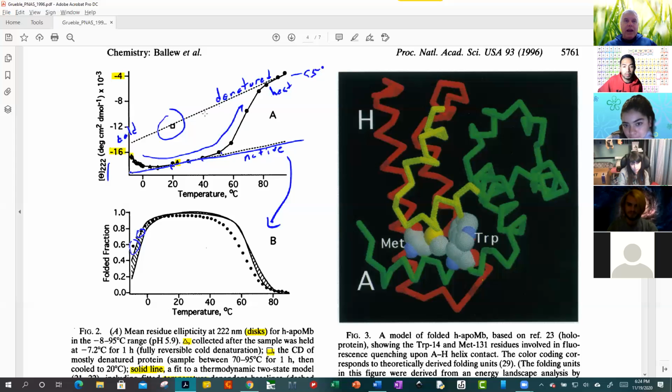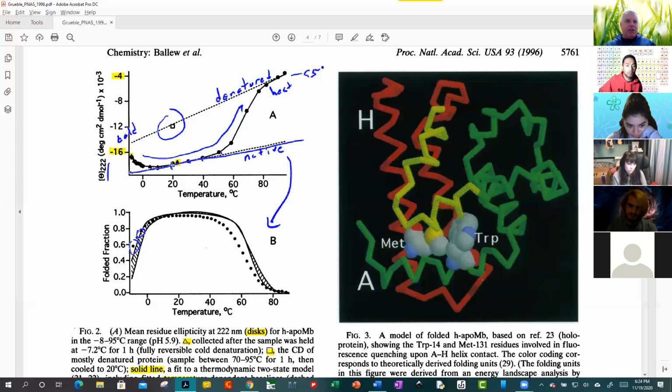And then they cooled it down, and when they cooled it back down, it didn't refold. It just collapsed into a new random state there. And so that's why this guy is up here, and then the folded state has a different ellipticity value here.